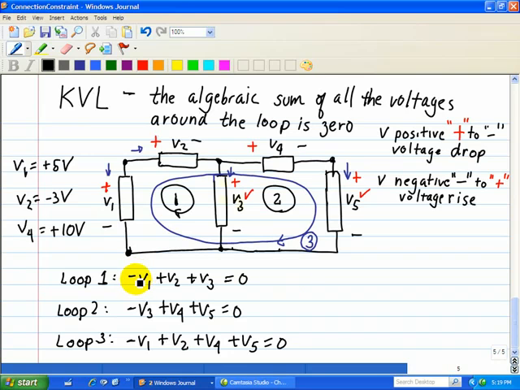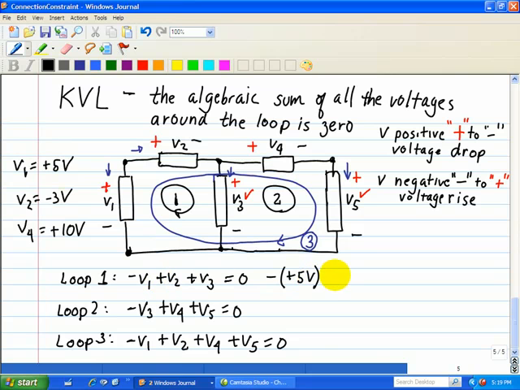Notice we have assigned two types of signs: one sign associated with writing the KVL, and signs associated with the actual voltage polarities assigned to these circuit variables. So here we have a minus, and then inside the parentheses we're going to put a plus 5 volts. That's the actual polarity of V1.